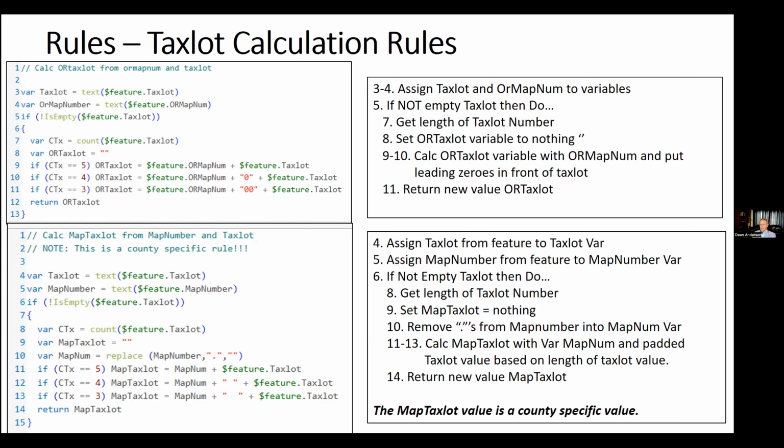I want to grab the length of the value that's associated with that particular variable. If the variable is 3 characters long, 4 characters long, or 5 characters long, I want to pad it with leading zeros. And then I just return that as the tax lot number and it updates it.